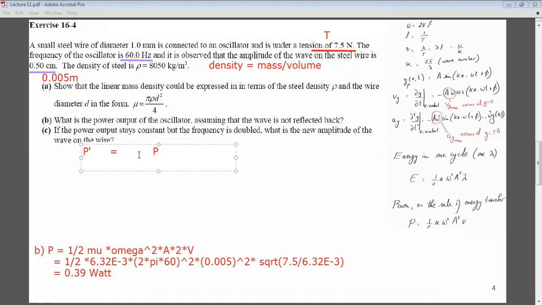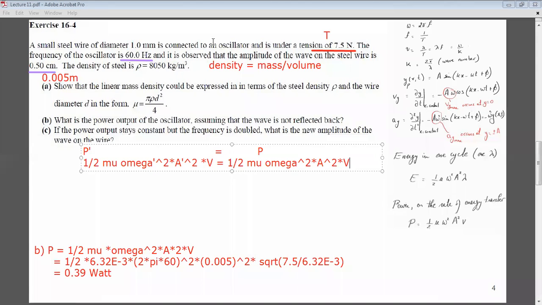So P prime, which is half mu omega prime squared times A prime squared times V, is equal to half mu omega squared times A squared times the speed.